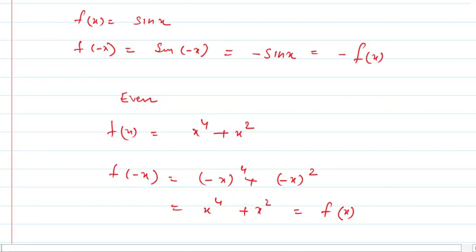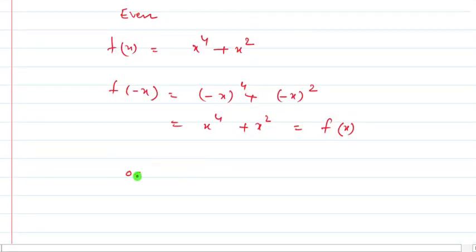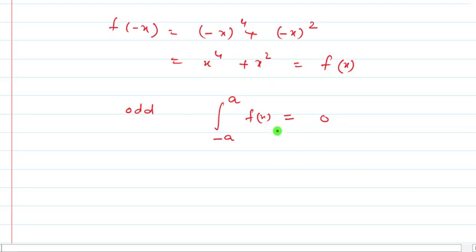So if the function is odd, then the integration from limit -a to a of f(x) dx can be written as clearly 0. We just need to mention that f(x) is an odd function, and directly we can write the result as 0.